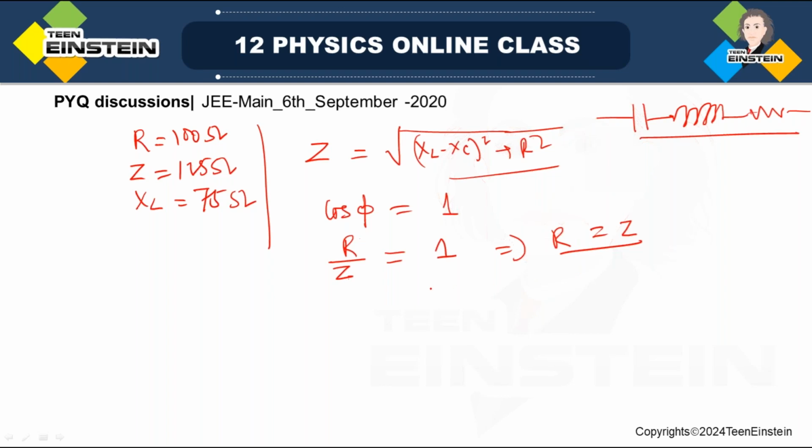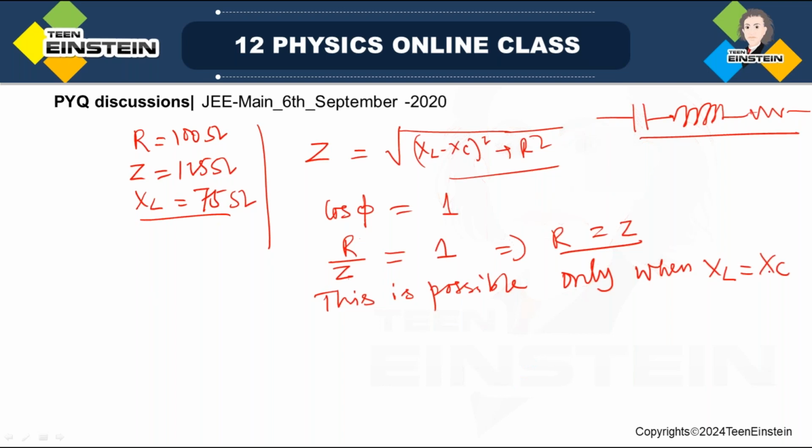This is possible only when XL is equal to XC, right? So now we know the value of XC.